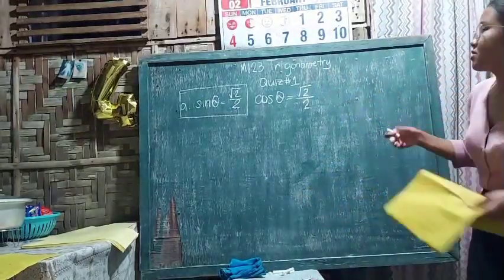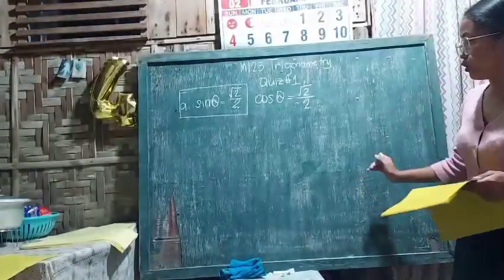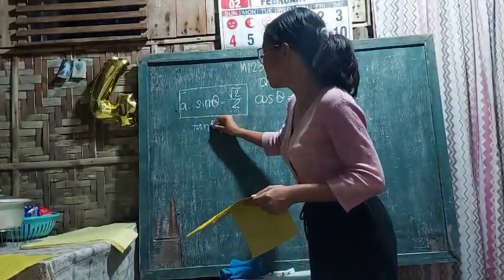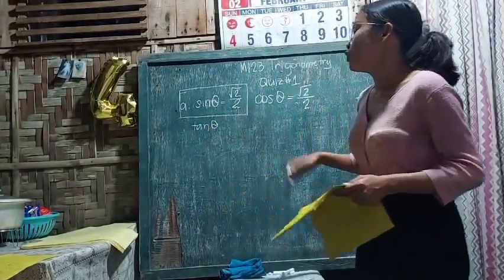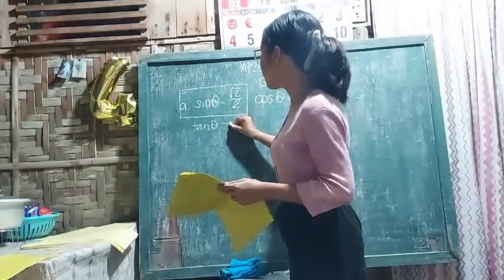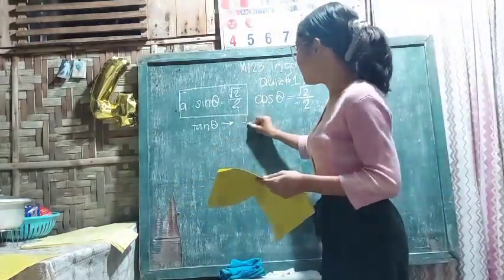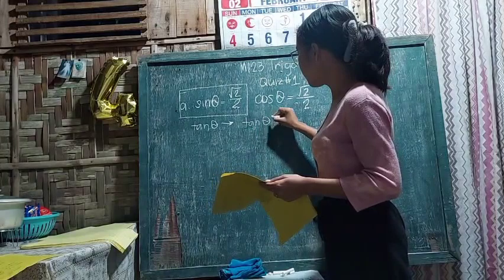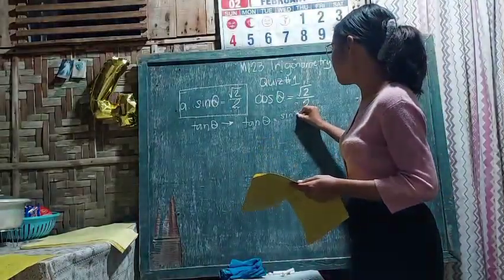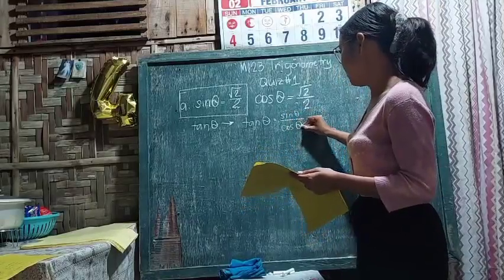Now for the next trigonometric function, we are going to look for the tangent theta. To find tangent theta, we are going to use the quotient identity, which is tangent theta is equal to sine theta over cosine theta.